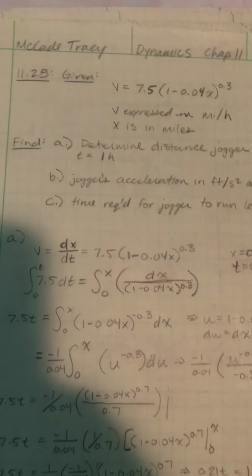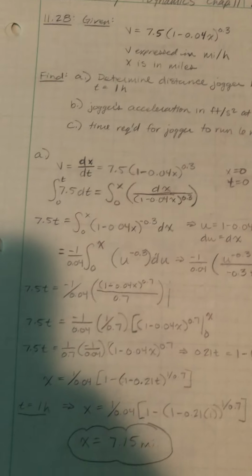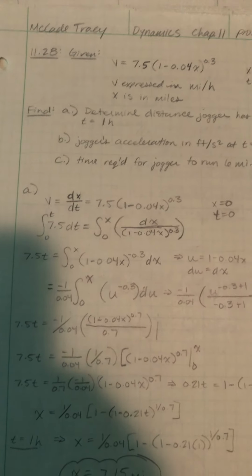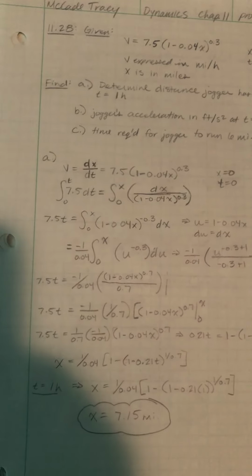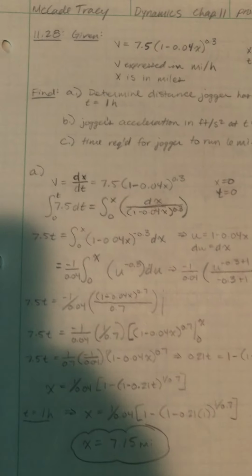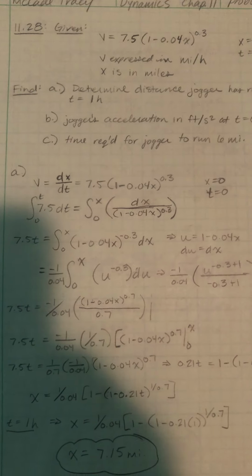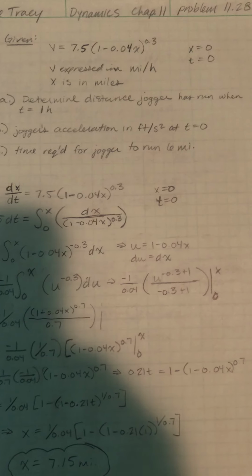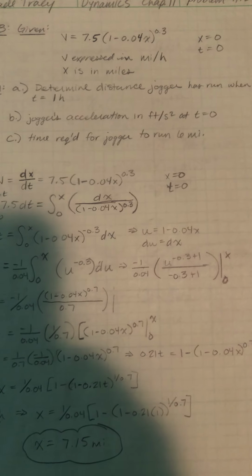Much as we've done in the last two, we use separation of variables to get our t function as we go through, using a u substitution and evaluating it from 0 to x.